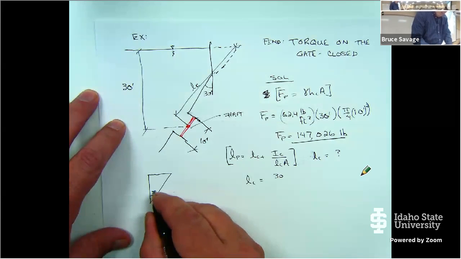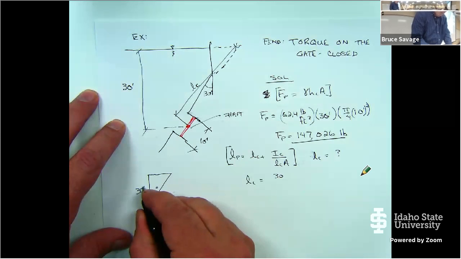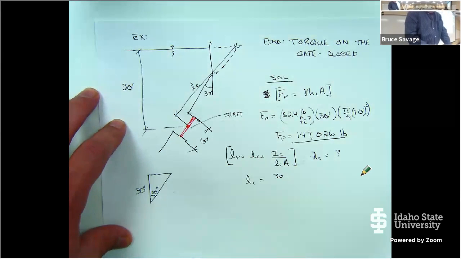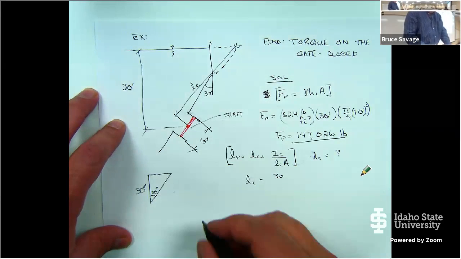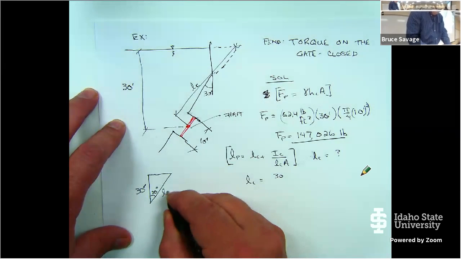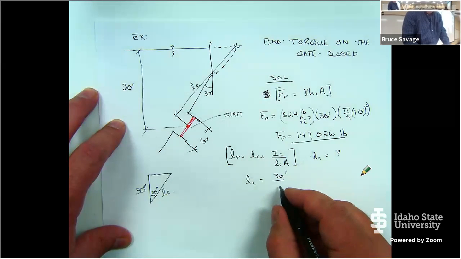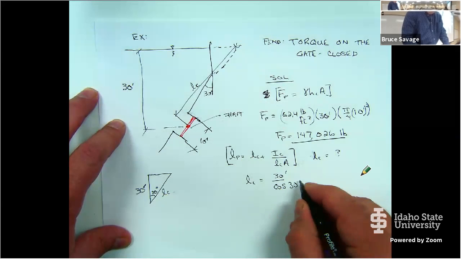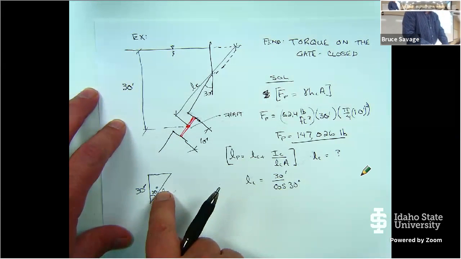This is 30 degrees, 30 feet. That's actually poor. I should do an example where I change one of those, right? So 30 degrees and 30 feet, but I want to know L_c right here. So I'm going to just say 30 feet divided by the cosine of 30. Cosine of 30 degrees is going to give me L_c, right?